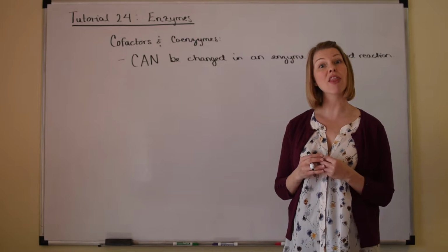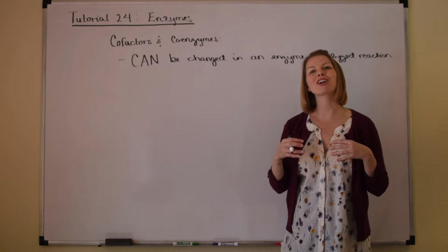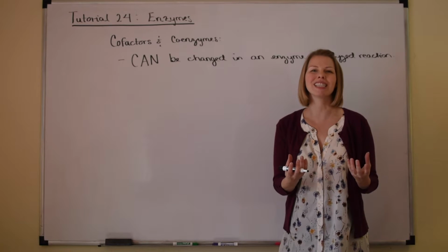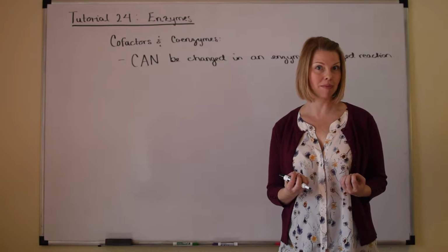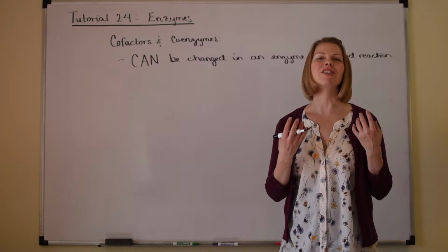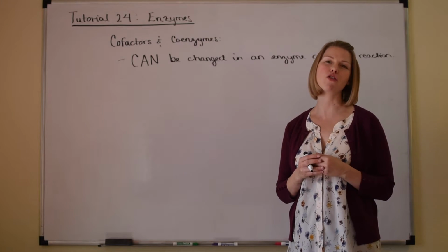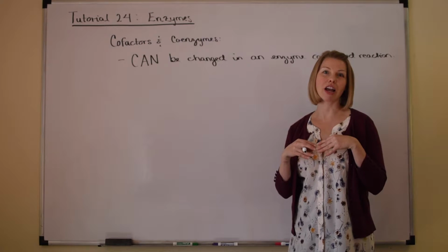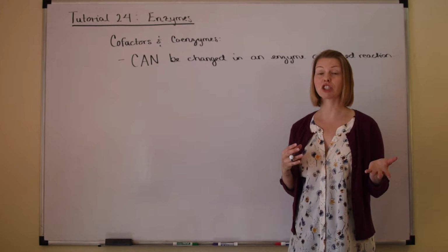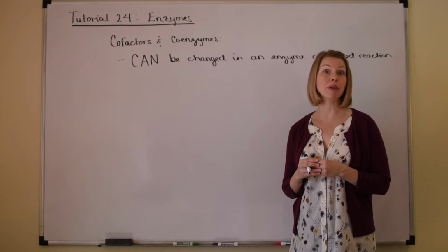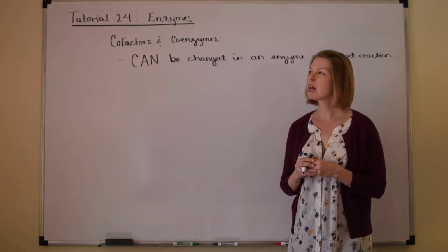Those occur together. So it will be the cofactor or the coenzyme that gets reduced. It can't be the enzyme, not permanently anyway. So the coenzymes and cofactors are able to be changed. So in these oxidation and reduction reactions, we're going to see those being either oxidized or reduced.